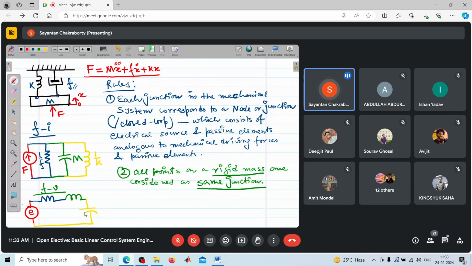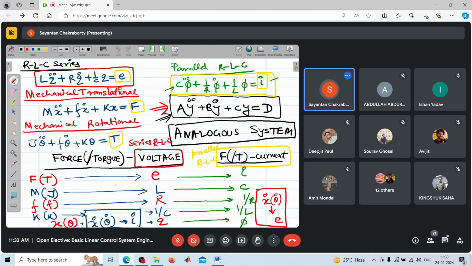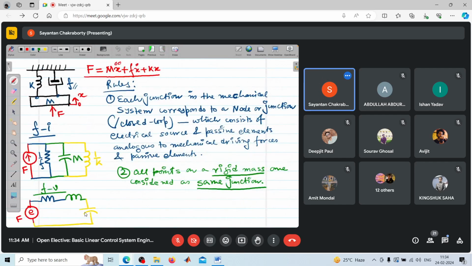We can say this source E represents the force, the inductor L represents M, and R represents the viscous friction coefficient f, right?